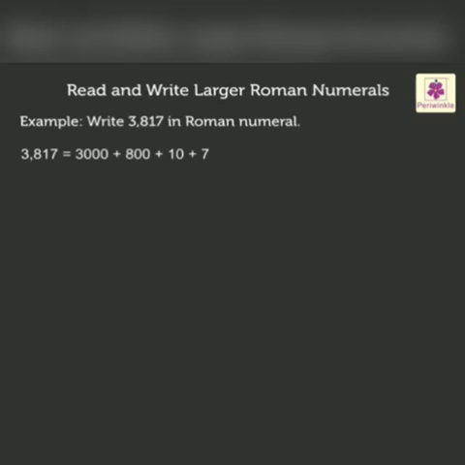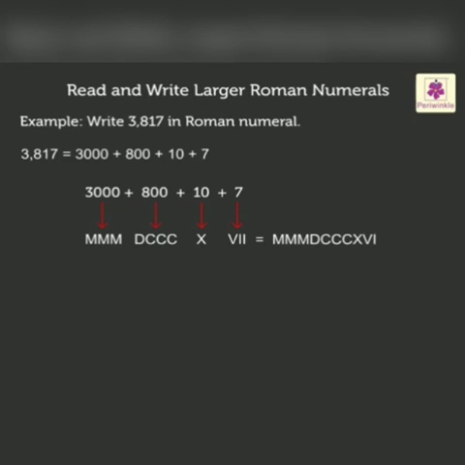Now write the Roman numeral values of each, that is 3000 as MMM, 800 as DCCC, 10 as X, and 7 as VII, which is equal to MMMDCCCXVII.